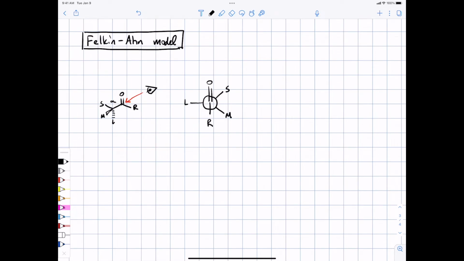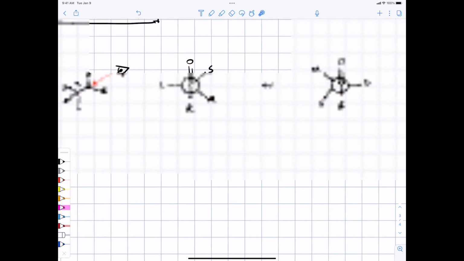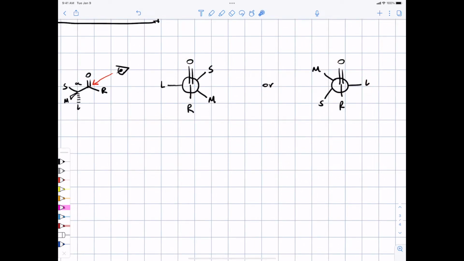Of course, we could rotate around the bond between carbonyl carbon and alpha carbon such that the large group was projected here, and then the small group would be here, and the medium group there. Take a minute and make sure you've convinced yourselves those are the same molecule. You just rotated around the carbonyl carbon to alpha carbon bond.